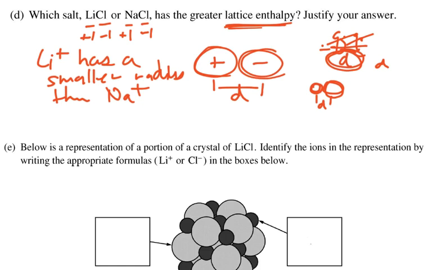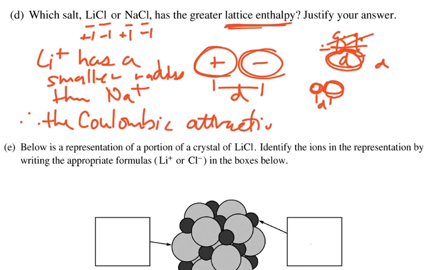And that's not enough of an answer because, again, we just had on the chart over there that lithium is smaller than sodium. Why does that make a difference? Because by Coulombic attraction, the Coulombic attraction between lithium and chloride is greater than between sodium and chloride.